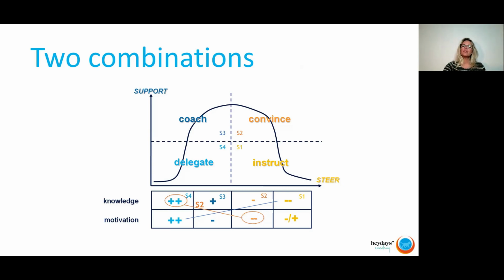You can also have a situation where your employee is super motivated, but has little or no knowledge. This is often the case with starters who think, I have a degree and I want to do it, so let me do it on my own. Now, which style would you apply now? If you instruct, you demotivate him. If you delegate, you risk things going wrong.